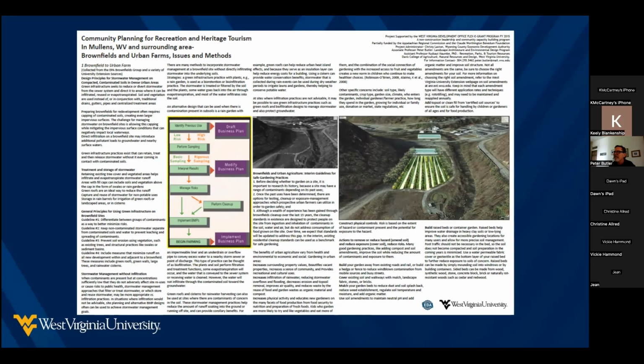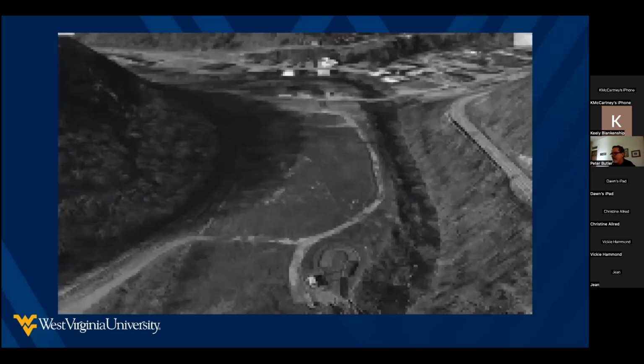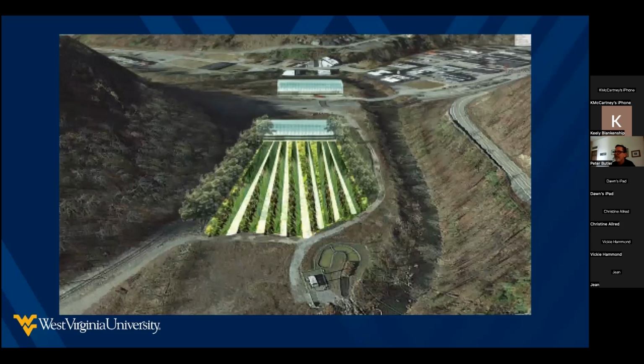So in Mullins, they talked a lot about this brownfield site and how it could become a really central food production area tied to community and economic development.